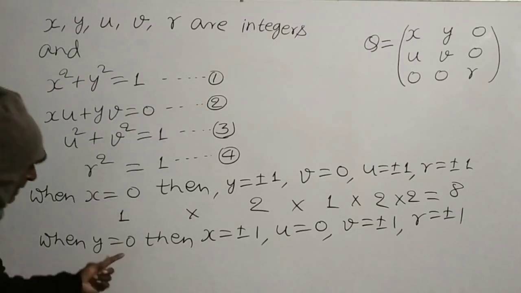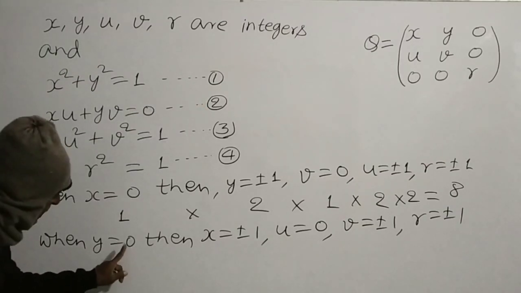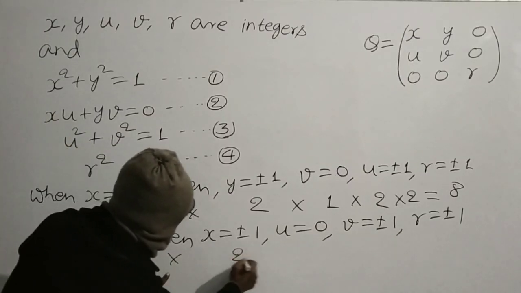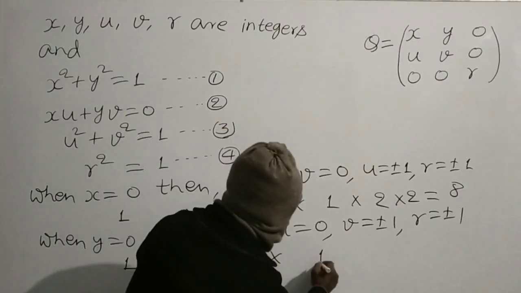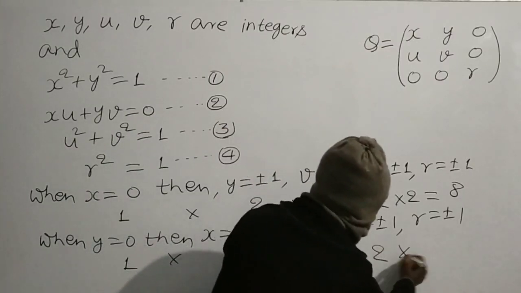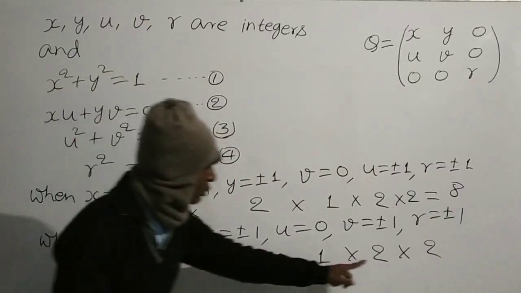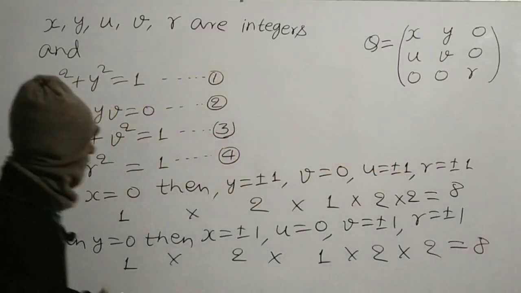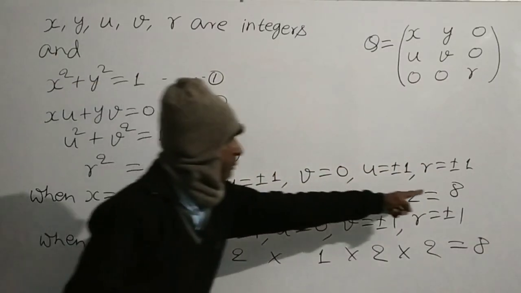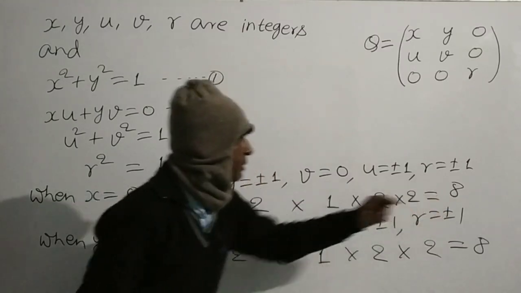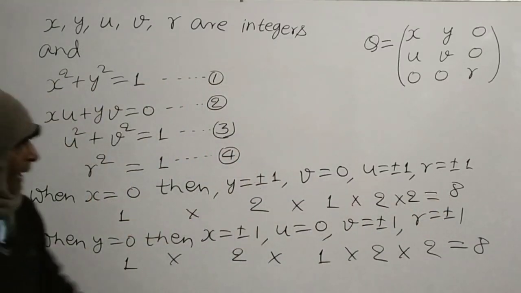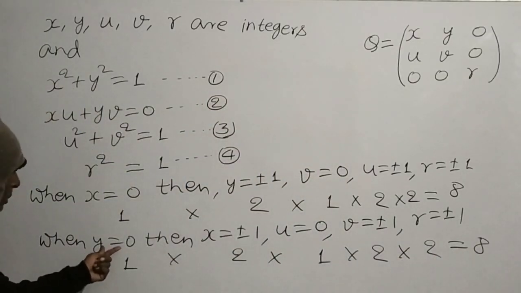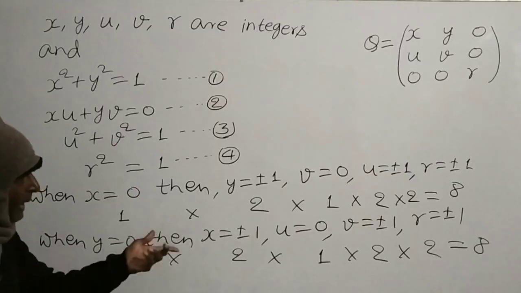Filling 5 places in this way, when this place has been filled by 0, is 1 way times 2 ways times 1 way times 2 ways times 2 ways, 2 times 2 times 2, that is equal to 8. 8 different ways to fill in this way, and 8 different ways to fill in this way when we put 0 in place of y.